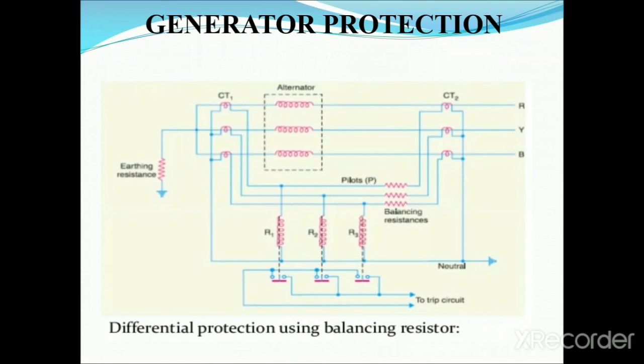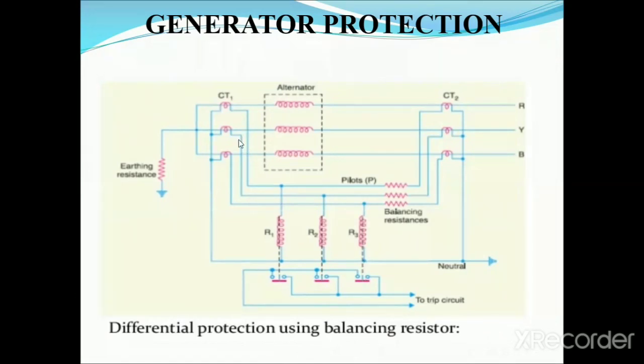Therefore, zero current will be flowing through these relay coils. If zero current flows through the relay coil, the plunger does not move in the upward direction. Then the tripping circuit does not close.